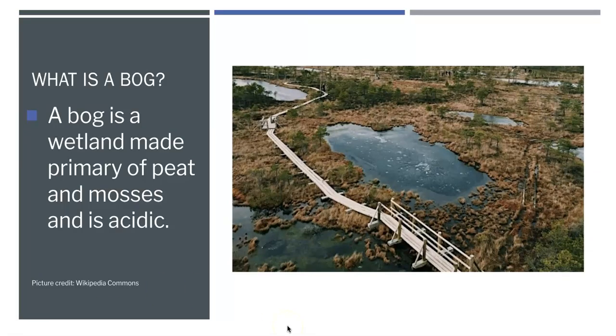A bog is a wetland primarily of peat and mosses and is acidic. So peat, you'll learn a little bit more in Unit 6, is a precursor to coal. So we take dead, decomposing things, heat and pressure and time turn it into fossil fuels.